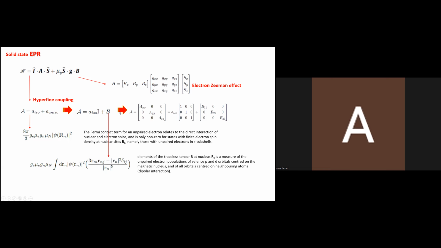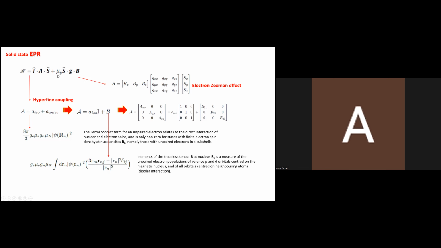And then we have the second term, B, of course these quantities are tensors. The second term describes the interaction between the unpaired electron in valence orbitals, P, D orbitals, and it is described within a sort of magnetic dipole interaction, and this is called the dipolar interaction.